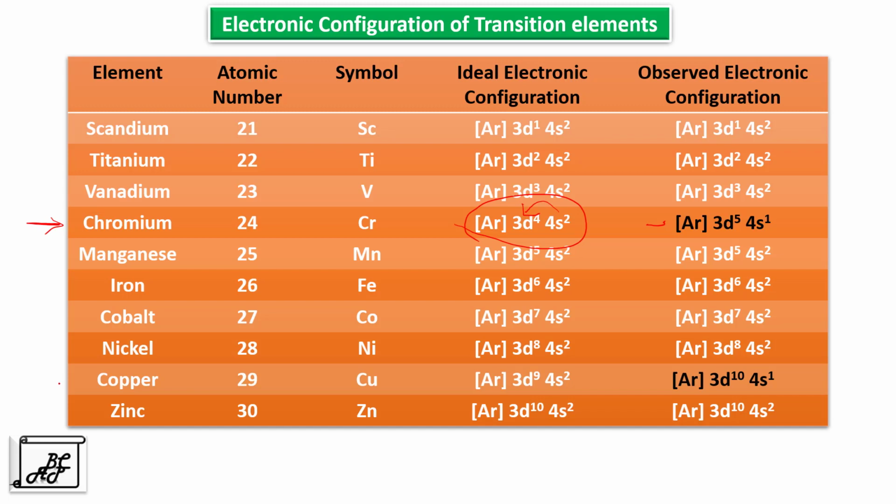A similar trend is observed in the case of copper, where the ideal electronic configuration is argon 3d9 4s2, but in order to achieve higher stability, that is full-filled electronic configuration, there is a transfer of electron from the 4s orbital to the 3d orbital, and that is how it has the observed electronic configuration argon 3d10 4s1. That is how the observed electronic configuration for chromium and copper is different from the ideal electronic configuration.